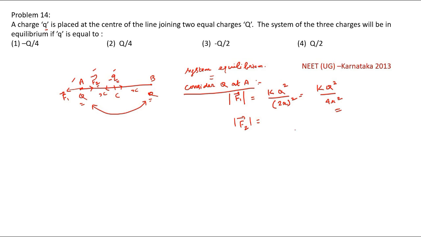So F2 will be K Q q by x squared, acting along AC.